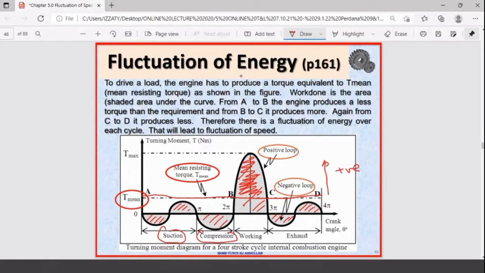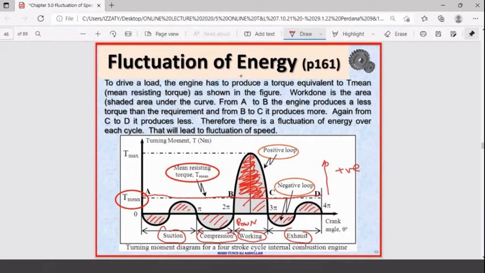Then working, you need ignition. You need a spark plug to give you a spark, then it will burn something, and then only you get exhaust. This one, of course, will give you power. Working, sometimes we call it power. So this is the only area that gives you positive work done. The rest will need something to run the system. Even though this activity runs very fast, in split seconds, a blink of an eye.